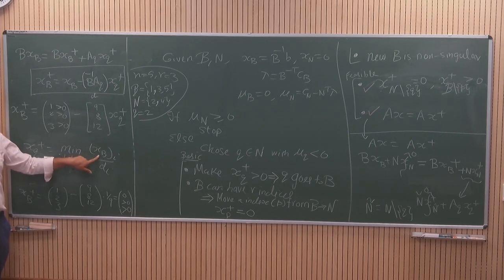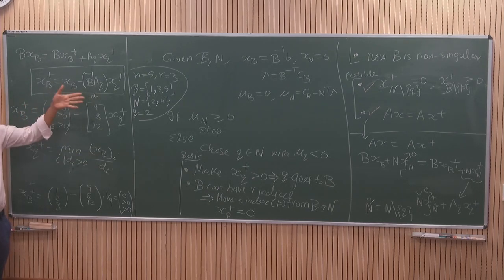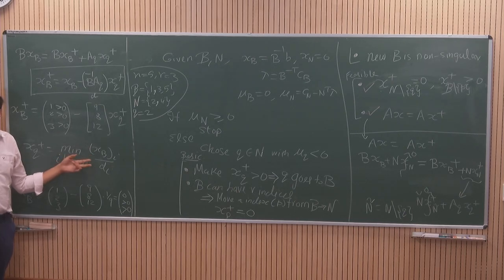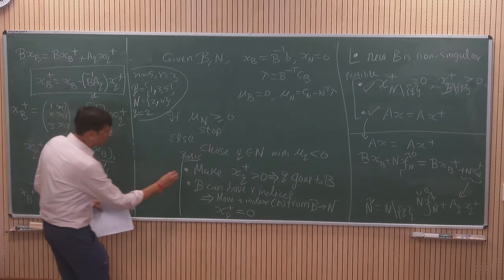Is xbi greater than or equal to 0? Yes, already said, it's a basic feasible point. Is di greater than 0? Yes, I am only picking the di which is greater than 0. So the ratio is greater than 0. So we were able to satisfy this.